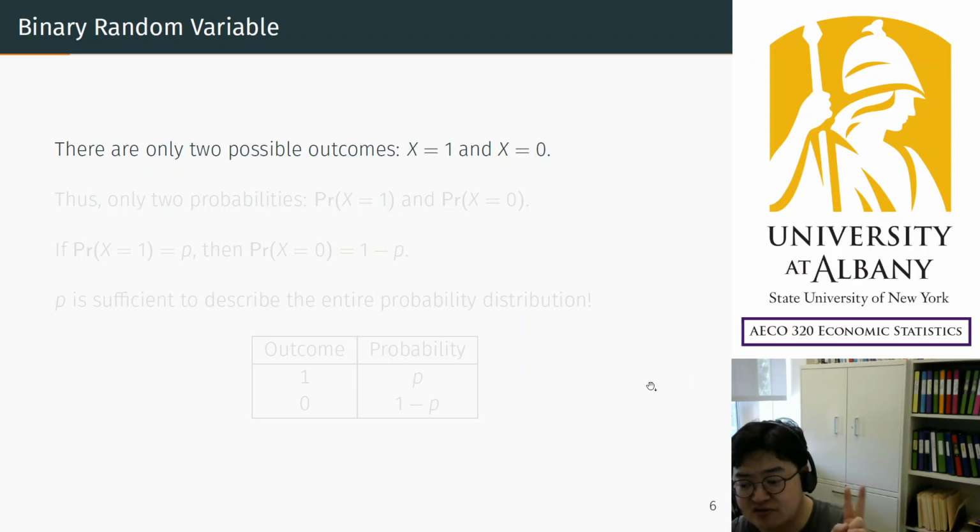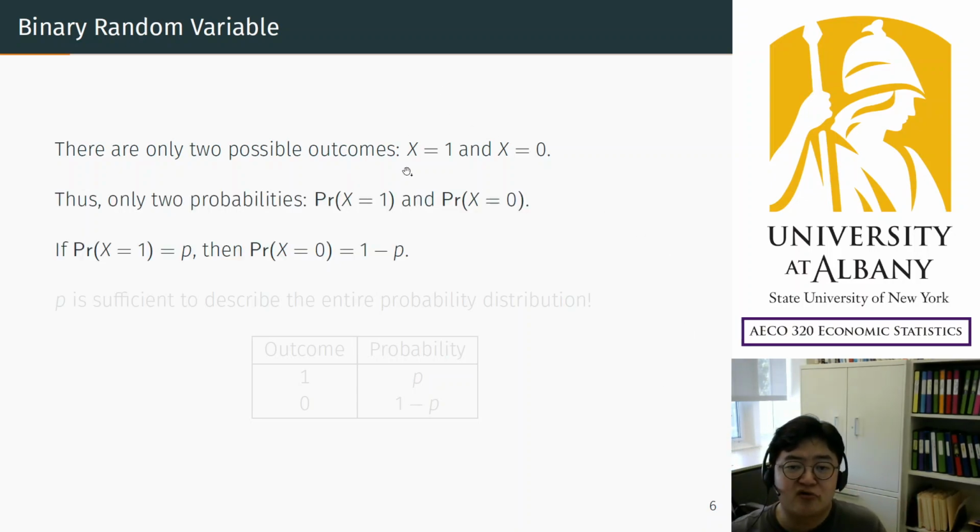Under this assumption, we can obtain many nice properties. There are two possible outcomes, which means there are only two probabilities. If you know these two probabilities, you know everything about the distribution. And these two probabilities can actually be summarized into one number. That is usually parameterized in this way: we parameterize the probability of success, the probability of 1, as an unknown parameter p.